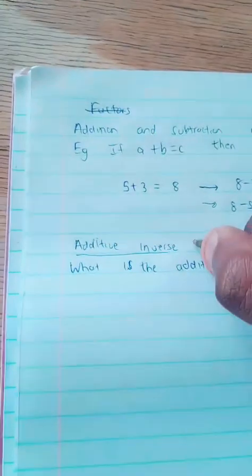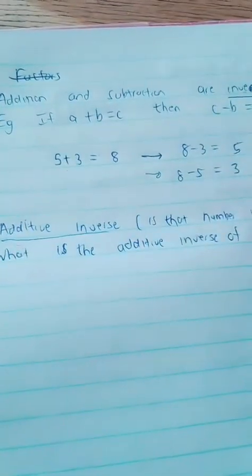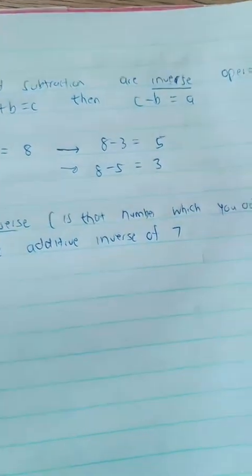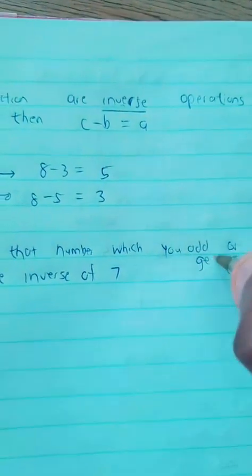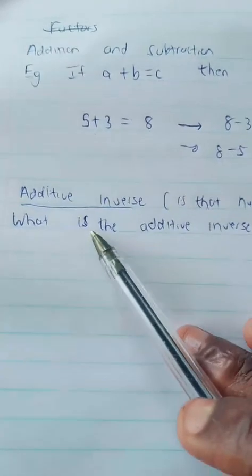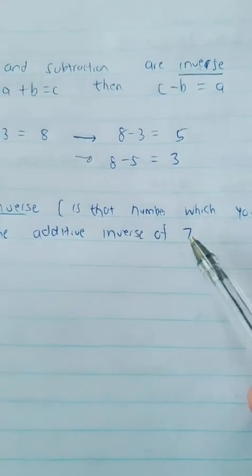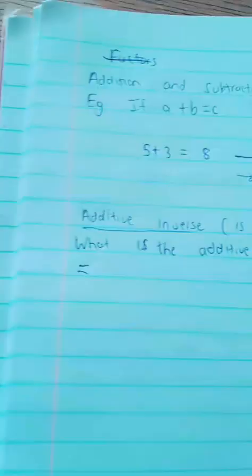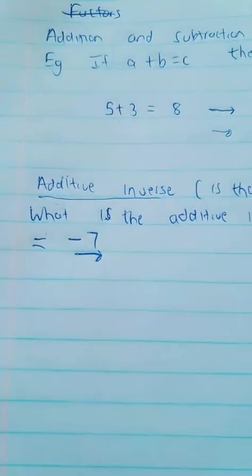Additive inverse is that number which you add or subtract to get 0. So in your head, you're asking yourself, what am I going to add or subtract to 7 to get 0? So the additive inverse of 7 is negative 7.